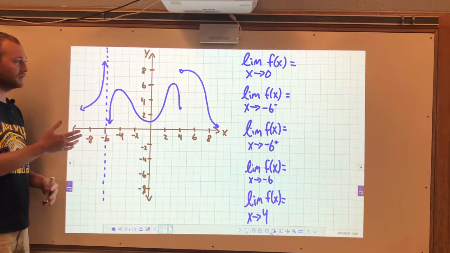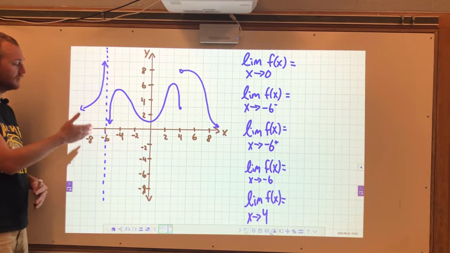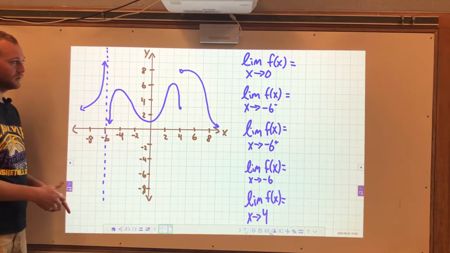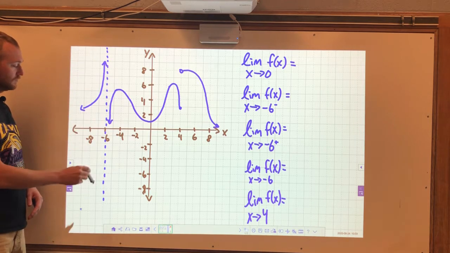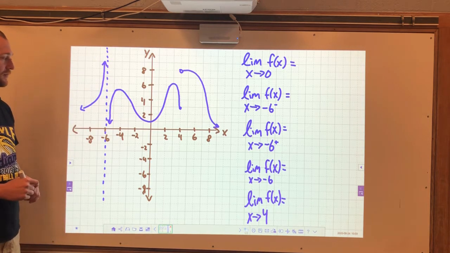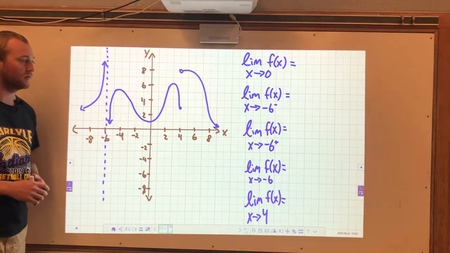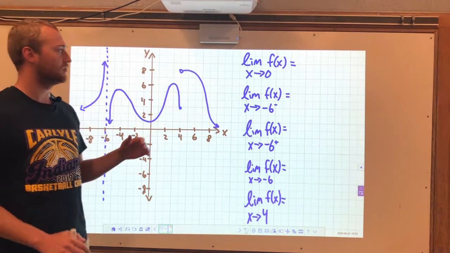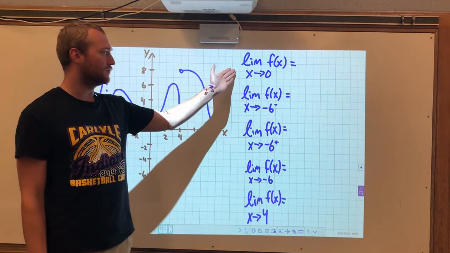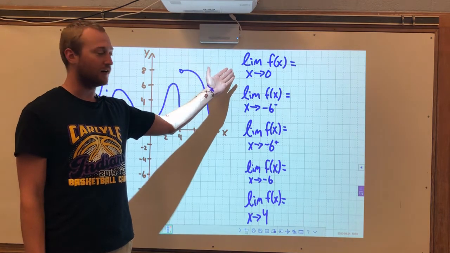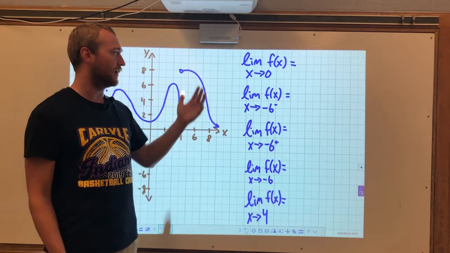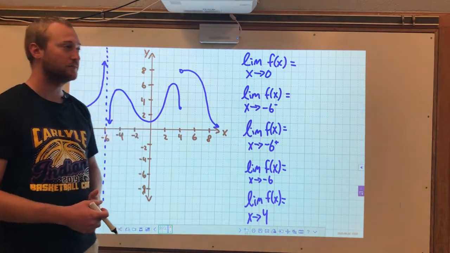One important thing to notice is, I do have this vertical asymptote drawn in at x equals -6, and we're going to use that to our advantage. All right, so let's just go ahead and jump in. This first question is asking us to find the limit of f of x as x approaches 0.